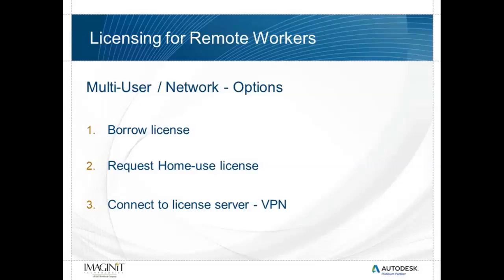So we're going to talk about three options that you might consider for users that have a multi-user network license. The three are listed here: borrowing a license, requesting a home use license, or maintaining their connection to a license server through VPN. And we'll talk maybe about a couple of challenges just to watch out for with that.